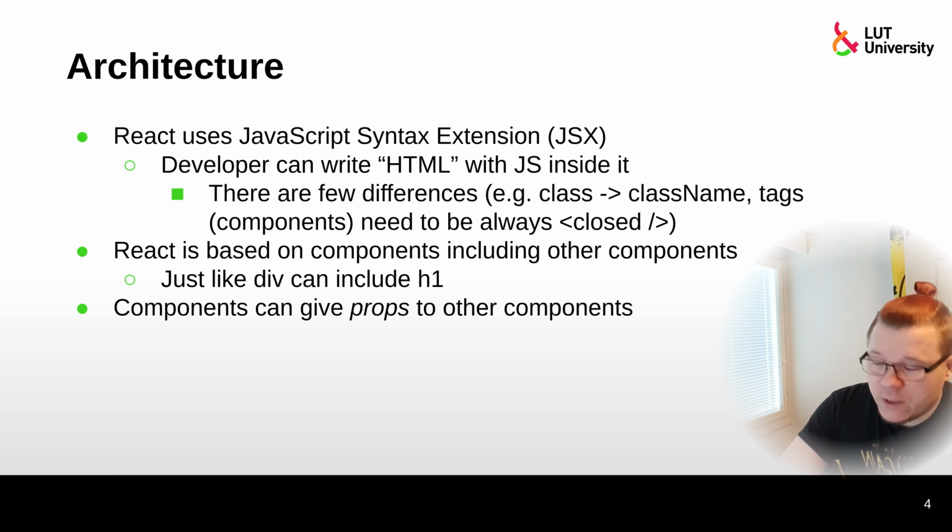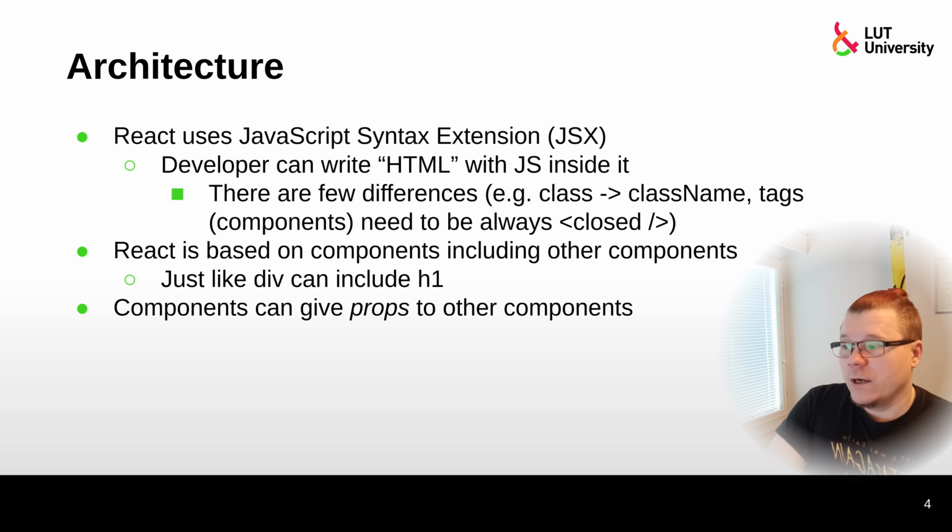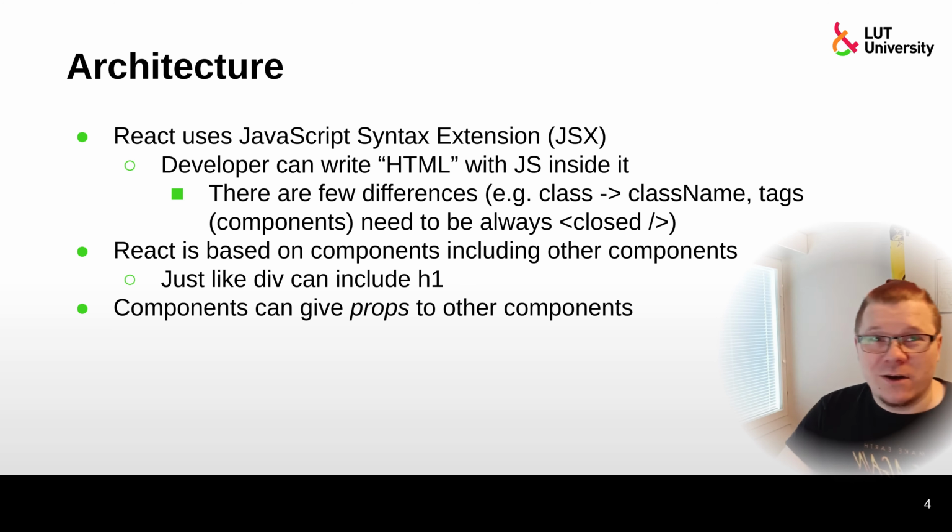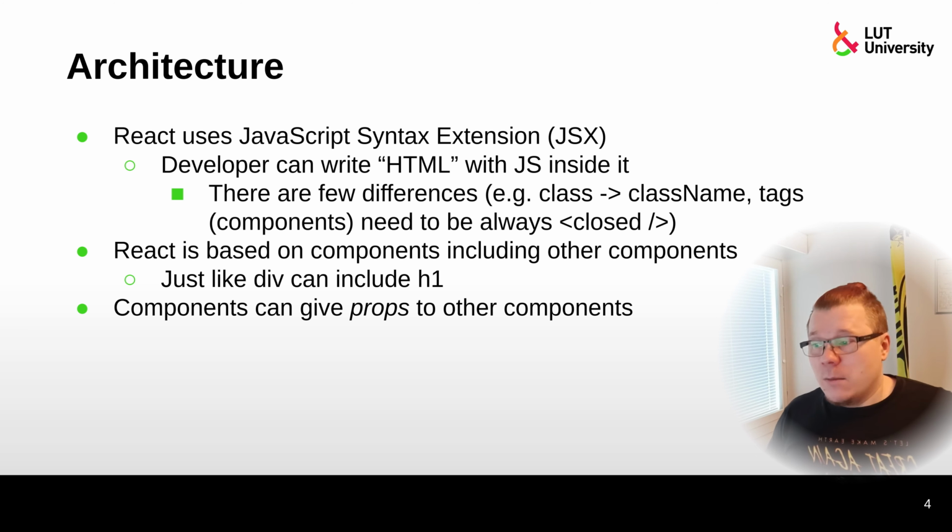And the other thing that React is heavily having is this props idea. So a component can have props and give props to other components. And these props are like properties. But we are using the word props because these props have properties, and to have properties that have properties would make my mind melt.